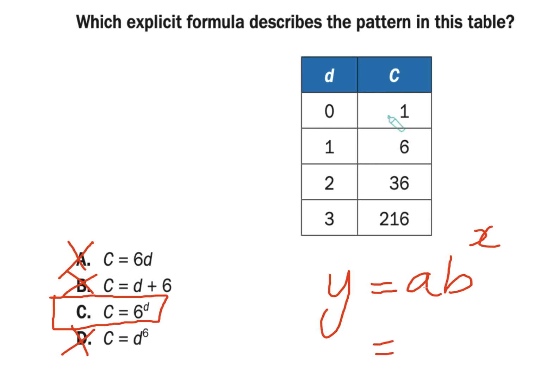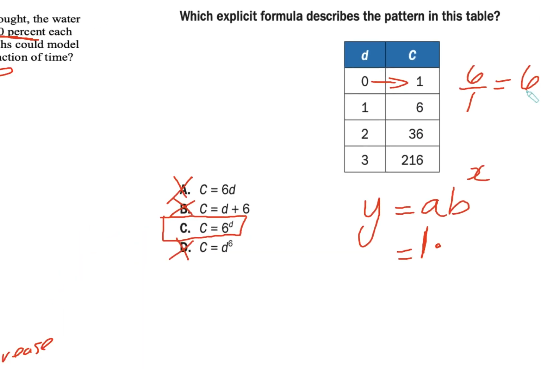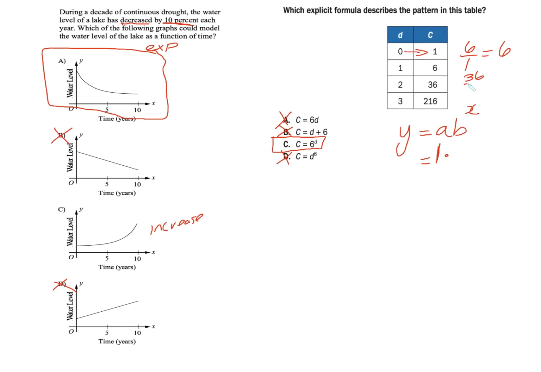A is your initial value, and remember from your exponential growth and decay, you know your initial value because you look for the 0 and then its associated value is 1. So A is 1. Now we have to figure out the ratio. So because it's an exponential, it will be 6 over 1. 6 divided by 1 is 6. 36 divided by 6 is 6.